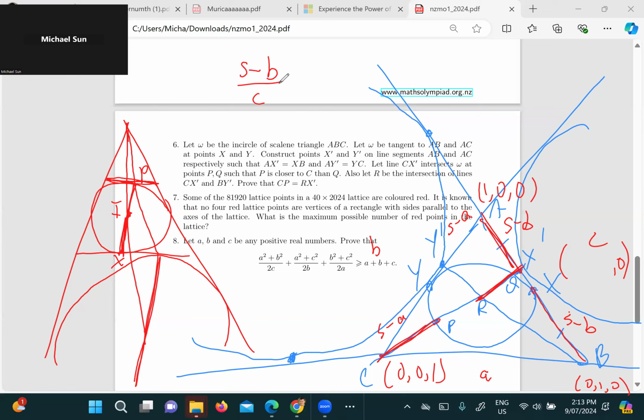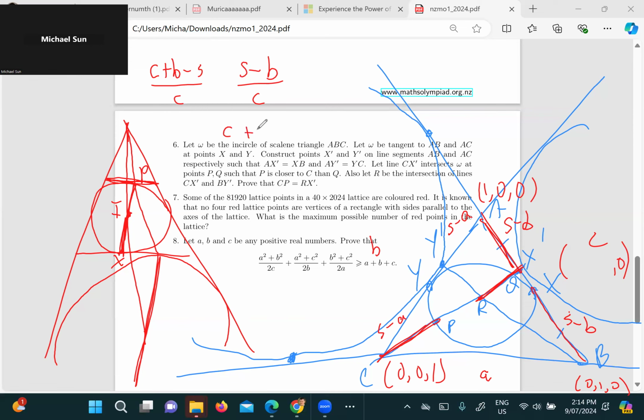C minus S plus B, on C. You could also just put the other one as S minus A on C. Really? C plus B minus S is S minus A, is that what you're saying?